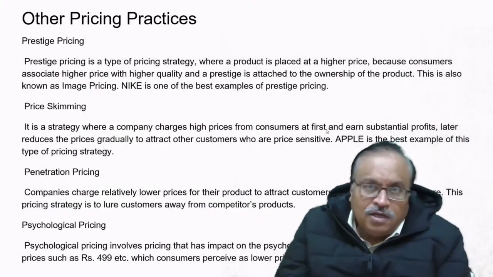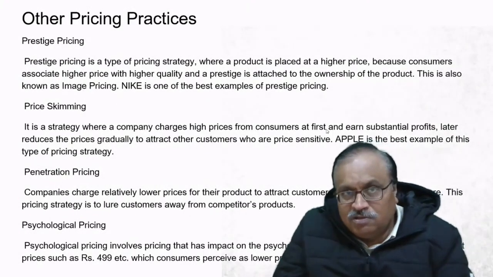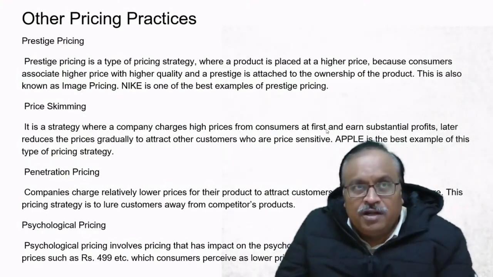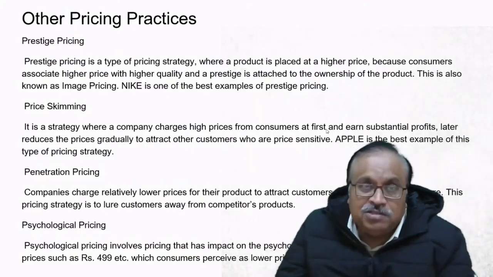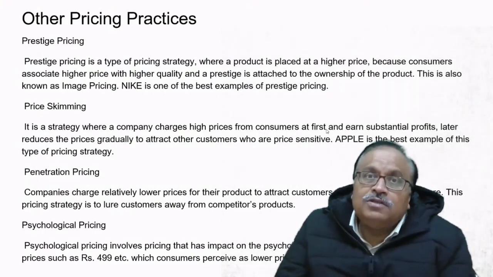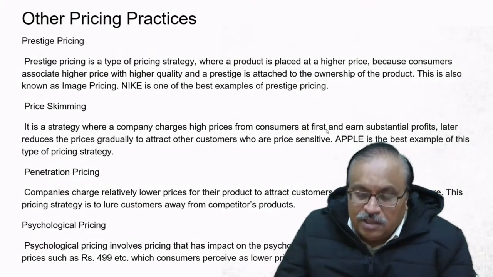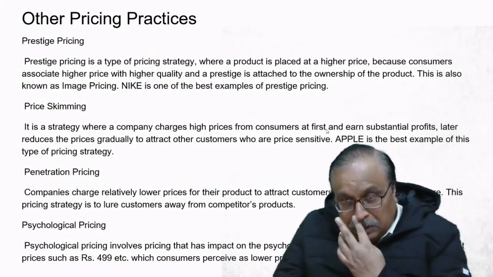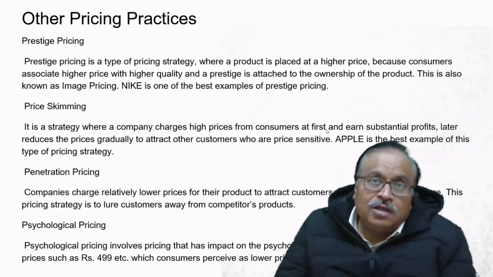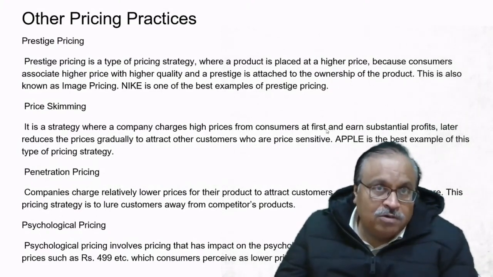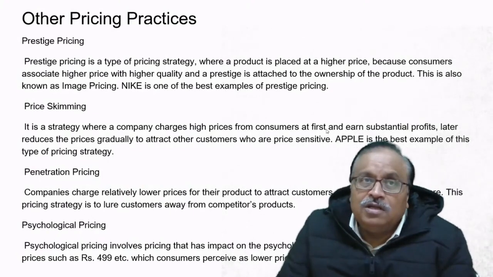Then coming to the last portion of our pricing strategies, we have already covered the pricing strategies in detail in terms of perfect competition, monopoly, which are two different ends of the market, in terms of monopolistic competition, in terms of oligopolistic competition. We have seen how the price equilibrium comes in the short run as well as in the long run. And we have also tried to understand how market concentration works, how contestable markets work, and what price discriminations are.